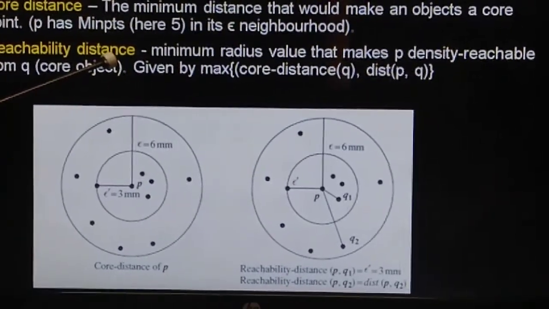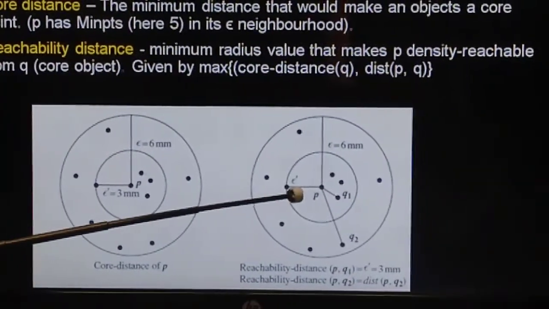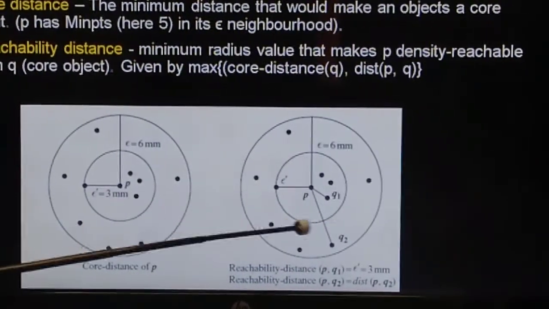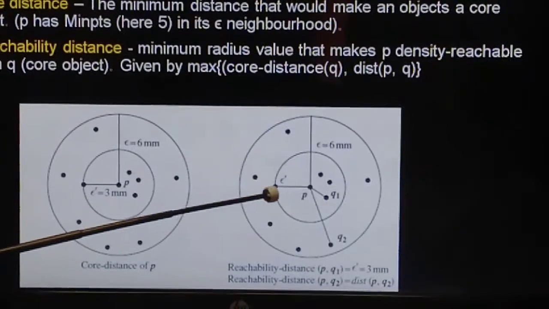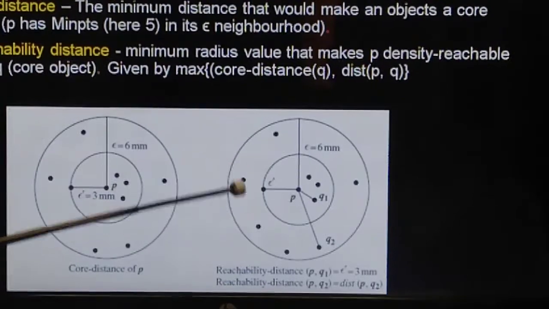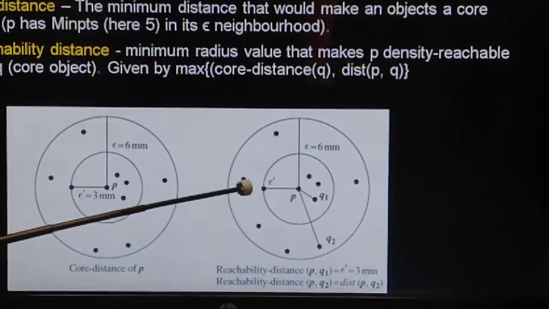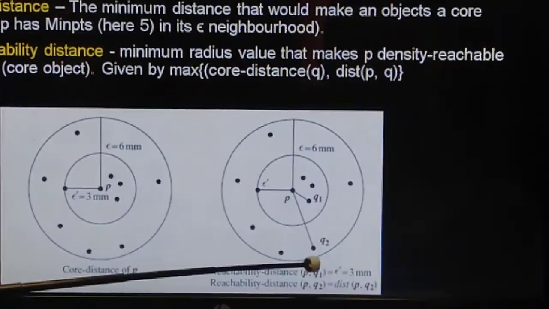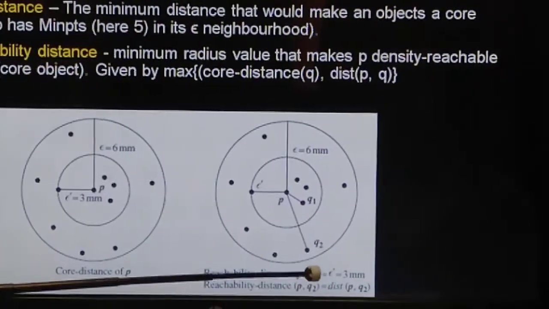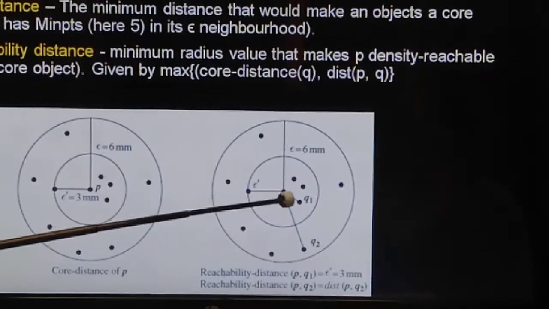Okay, now reachability distance. Reachability distance is simply if you take any point from the core distance. If that point lies inside the core distance of P, then the reachability distance is the core distance of P itself. So in this particular case, Q1 lies inside the core distance of P. So the reachability is this 3 millimeter. But if you look at Q2, it lies outside the core distance of P. So we have to find the maximum of the distance between P and Q and the core distance.